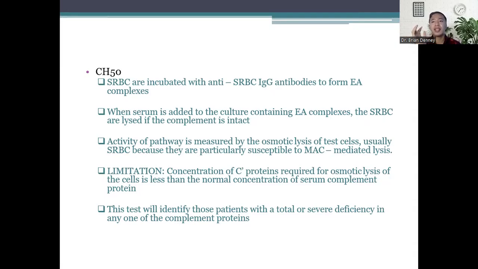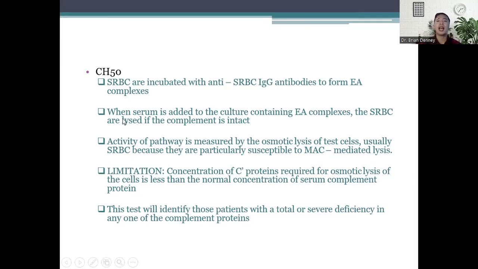But if there is no lysis, remember, we need each of these components to cause lysis, or each of these components are activated sequentially. If one is absent, we could not produce lysis. So a positive result for deficiency is actually noted by absence of lysis.